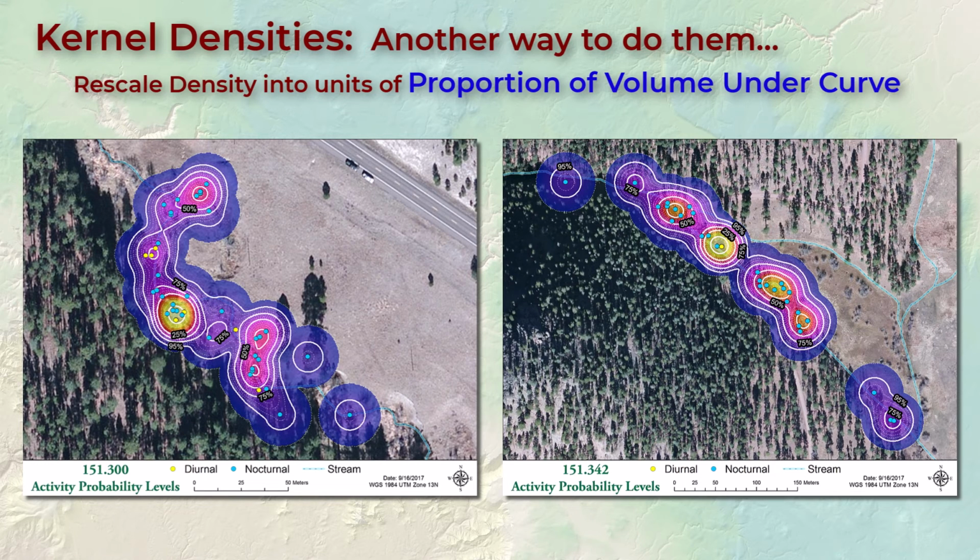By rescaling the density values to probability levels, we can now easily extract the 95% highest use areas for each mouse. This allows us to compare habitat use between different mice using a constant activity level, very important when trying to determine how similarly or differently various individuals behave.